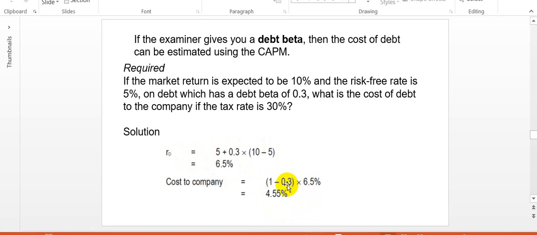Now remember, debt pays interest, and interest benefits from the tax shield, so you subtract your tax there to give you the cost of debt as 4.5%.